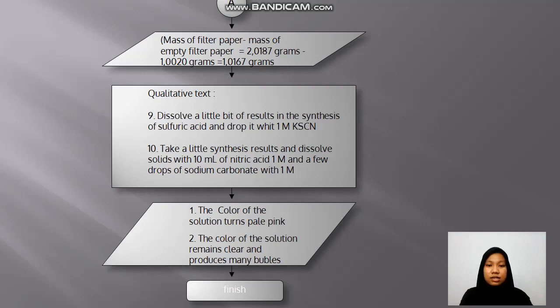Next, take a little synthesis result and dissolve the solid with 10 ml of nitric acid, 1 M, and a few drops of sodium carbonate, 1 M. Next, the color of the solution turns pale pink. The color of the solution remains clear and produces many bubbles.